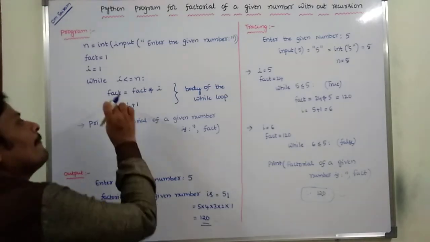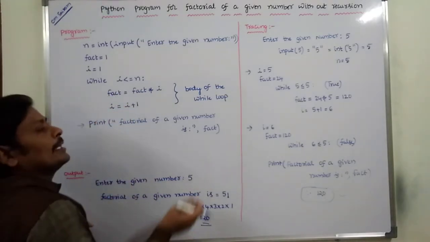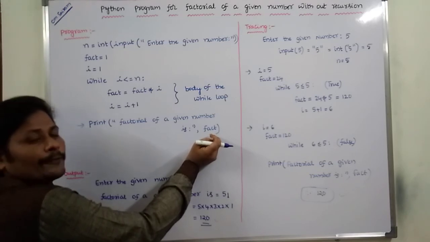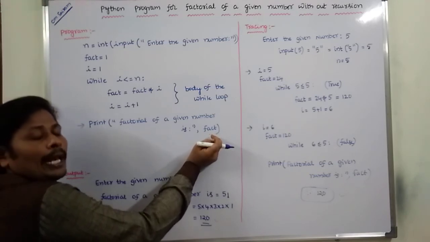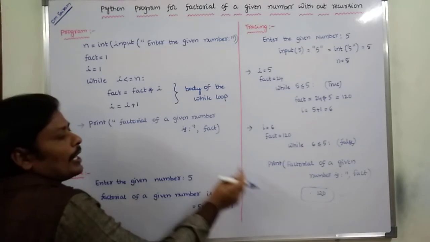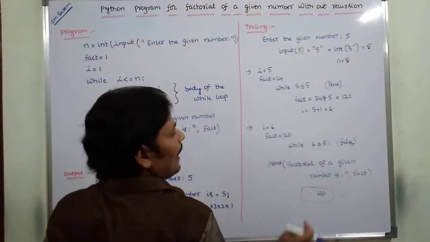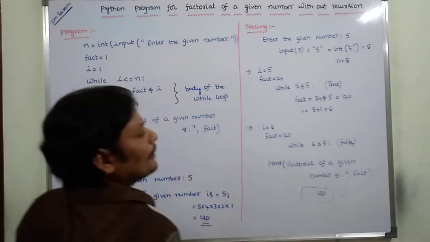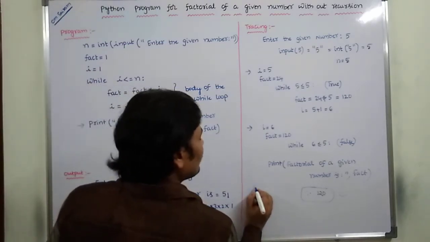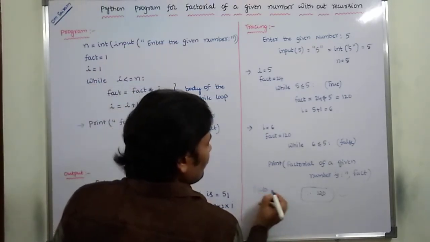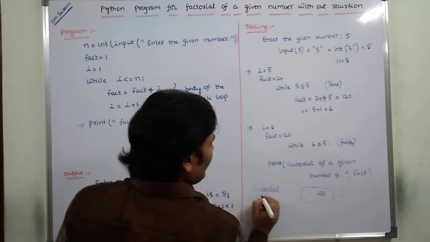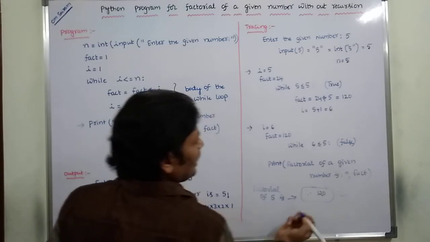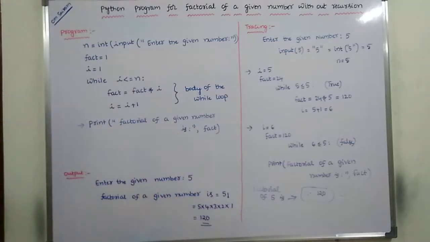So whatever value is in the fact, that value becomes the result of the factorial of the given number. So what is the value? That is fact, 120. Now 120 is the answer. Factorial of 5 is 120. Okay, this is the answer.